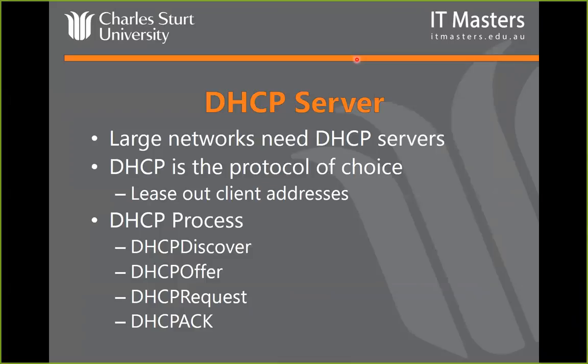Once it's got that, it will convert any DHCP requests it gets into unicast, send them to that server, and then manage the communication between the server and the end host to get that IP connection up and running. So it's reasonably straightforward in terms of DHCP. Now, just a quick couple of questions.